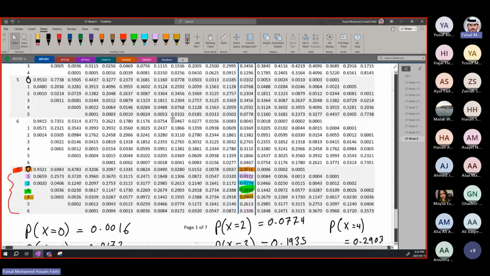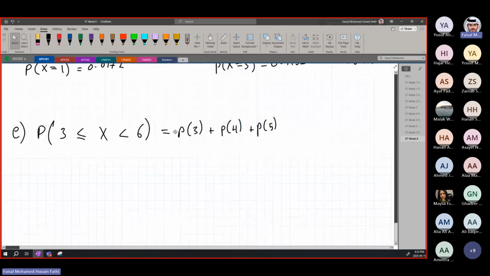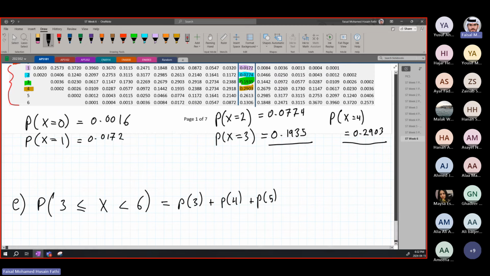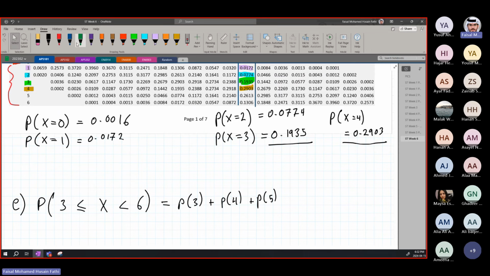Let's use the exact same table to solve this. We have already found p of 3 and p of 4 earlier, which are 0.1935 and 0.2903. Now we can just find p of 5, which is 0.2613.